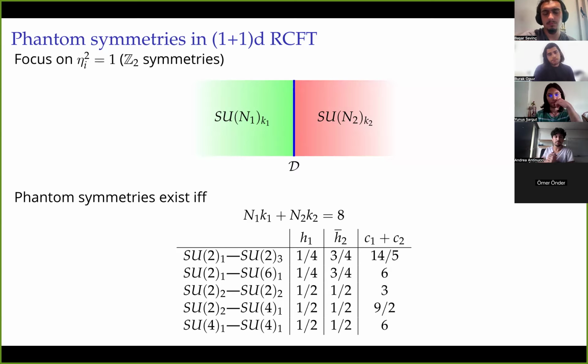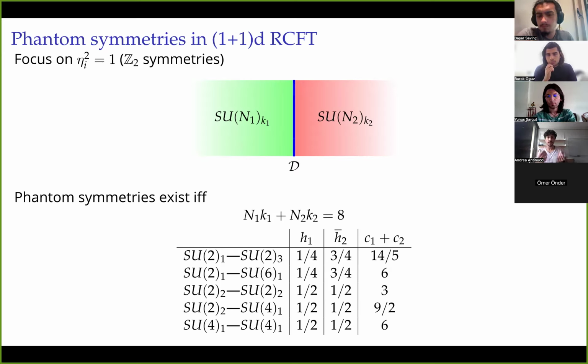And for simplicity, let's just focus on the case in which these eta lines that I was discussing are Z2 symmetries. There is no very important reason to focus on this, it's just for simplicity, but you can easily argue that this is the only case that is going to give you a phantom current with abelian current algebra.